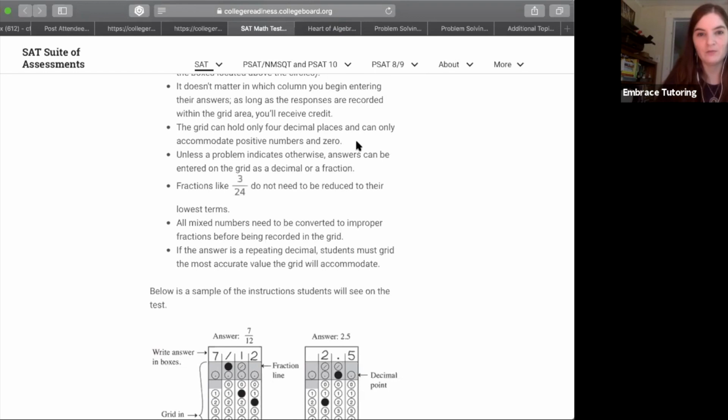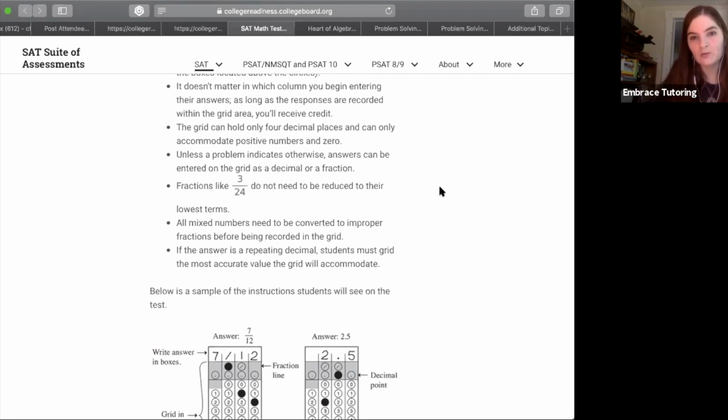So if you create an answer that ends up with a negative or a decimal that has more than 4 decimal places, you have to reduce it, or you need to be able to indicate that to a certain extent. Okay, so that you can make sure that it fits this criteria. Okay, unless a problem indicates otherwise, answers can be entered on the grid as a decimal or as a fraction.